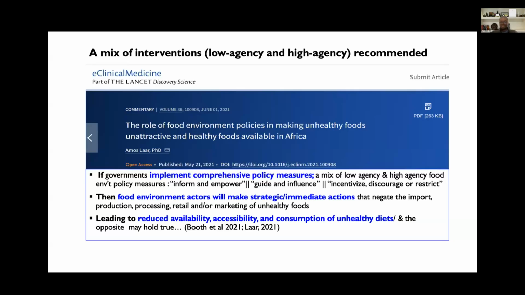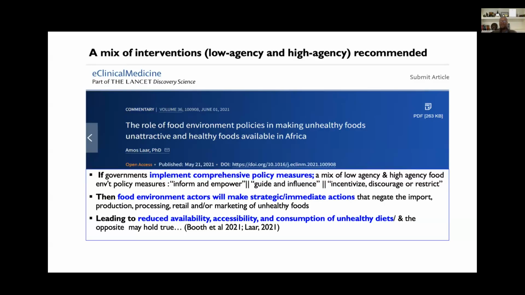and unavailable. And what we said is that for this to happen, we need our governments to implement comprehensive policy measures. Like I said, not one policy. It has to be a mix of low agency and high agency policy interventions that would seek to inform and empower, guide and influence, but also incentivize consumption of healthier food or production of same, and discourage or restrict production and consumption of unhealthy food.